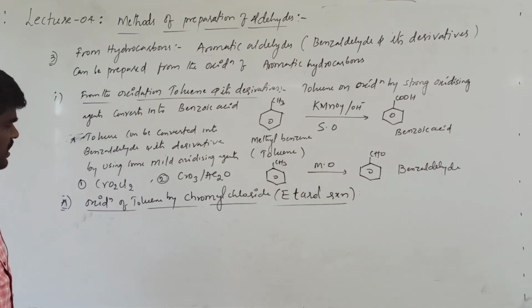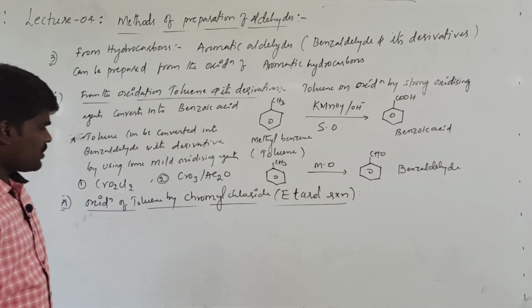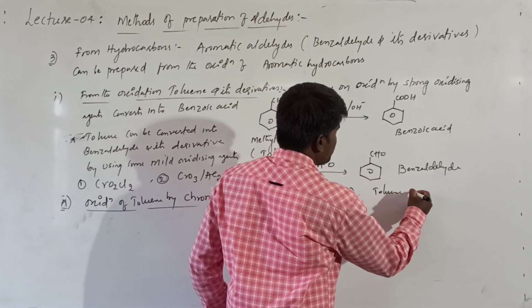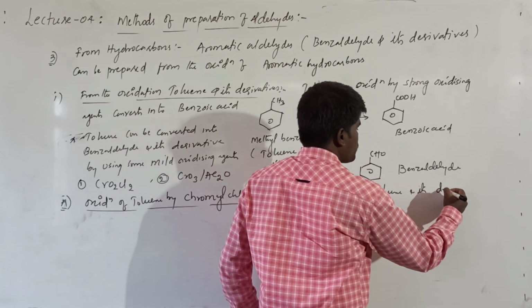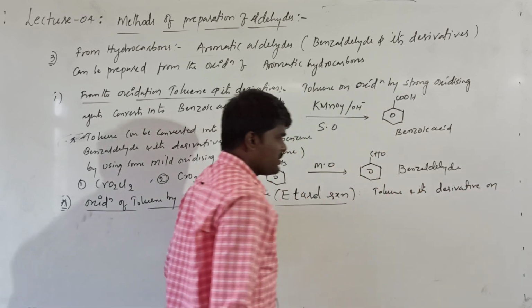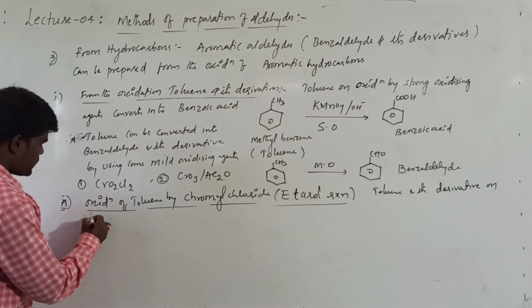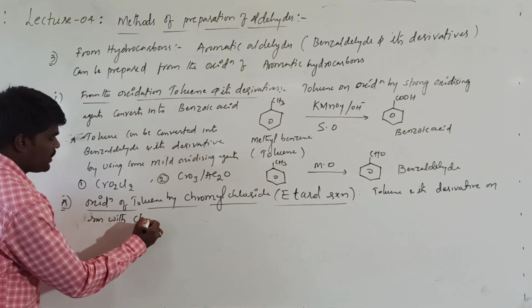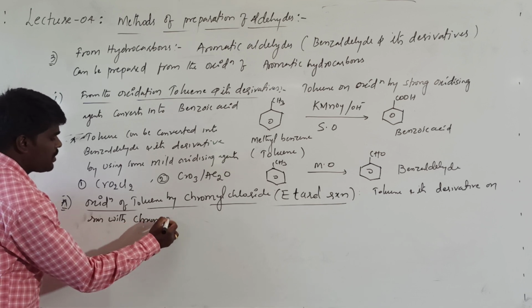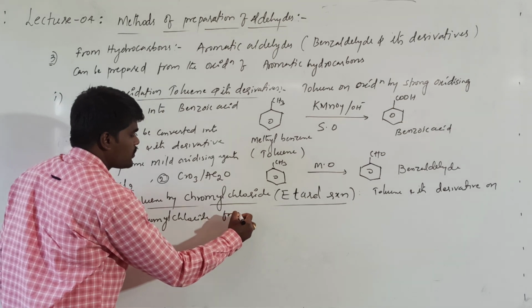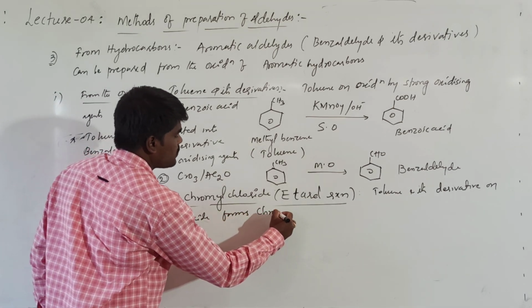Now let us see what is meant by this chromyl chloride reaction. Toluene and its derivatives on reaction with chromyl chloride form a chromium complex.